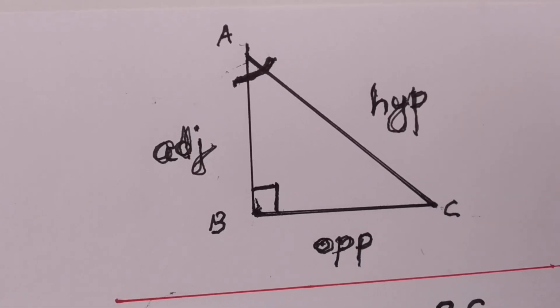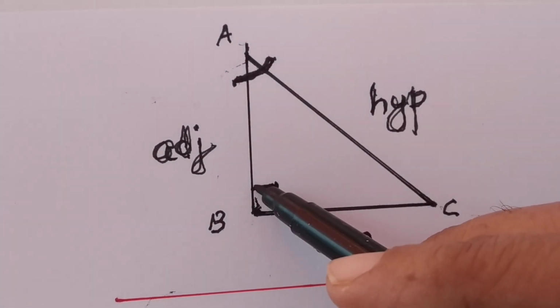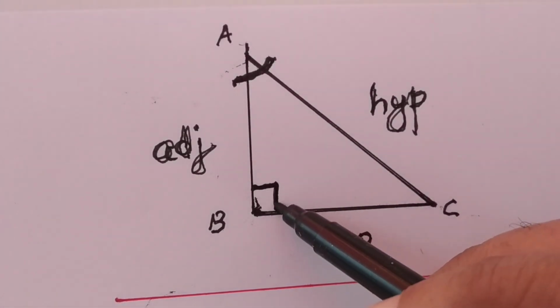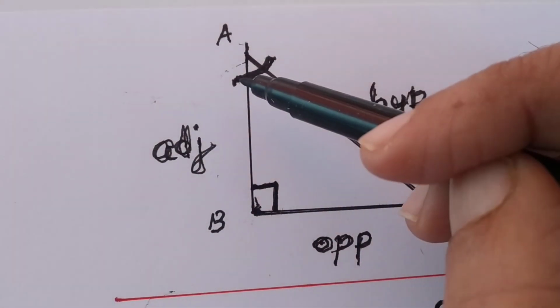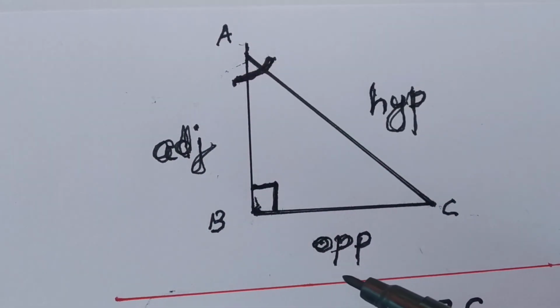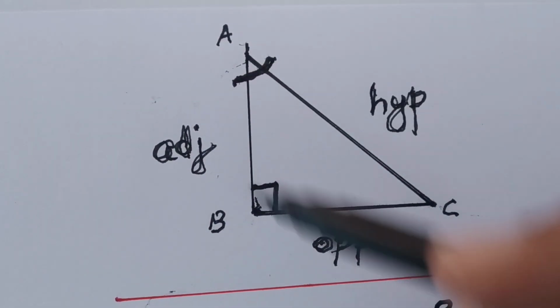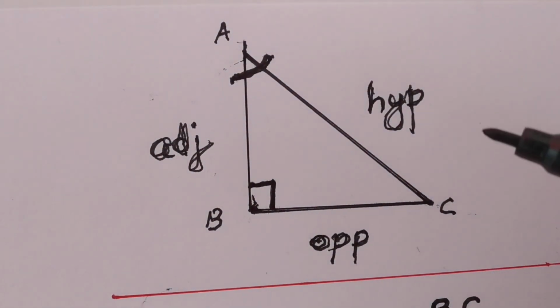One thing for sure is, A cannot be at the right angle. There can't be any trigonometric ratio at the right angle. So it has to be at one of the acute angles. I have taken it here. Then BC becomes my opposite, AB becomes my adjacent, and AC, of course, is the hypotenuse.